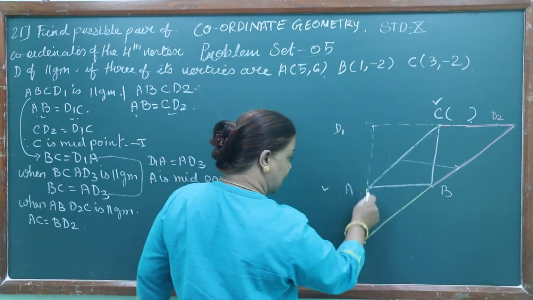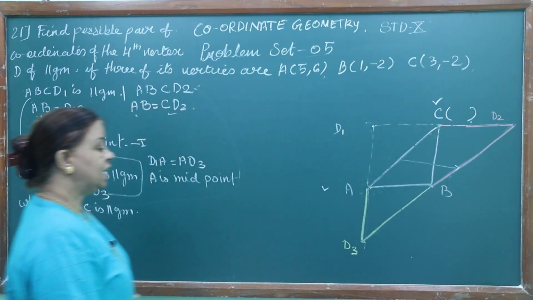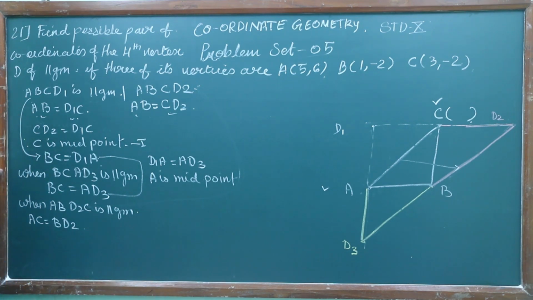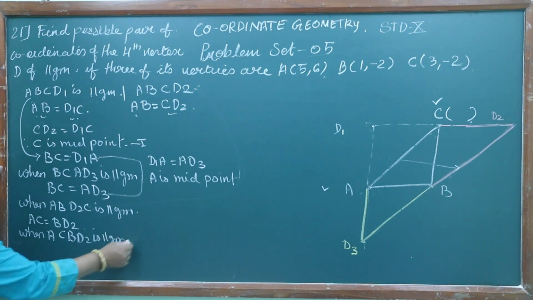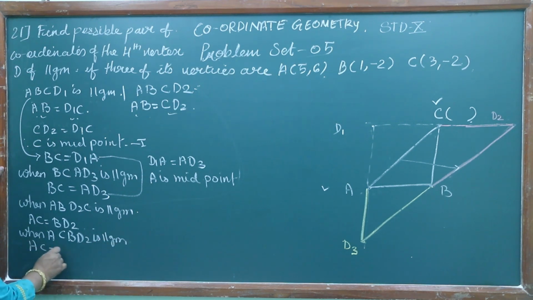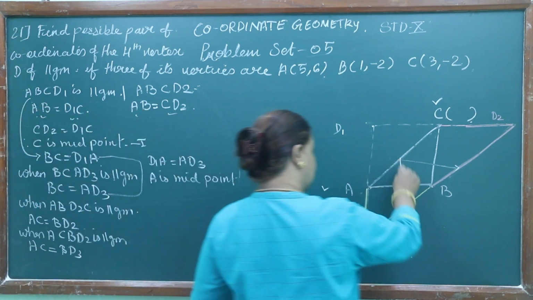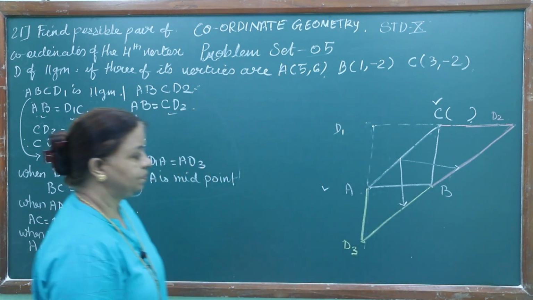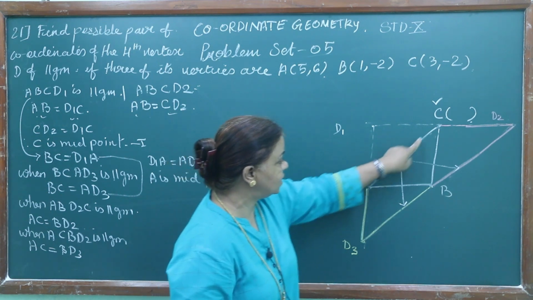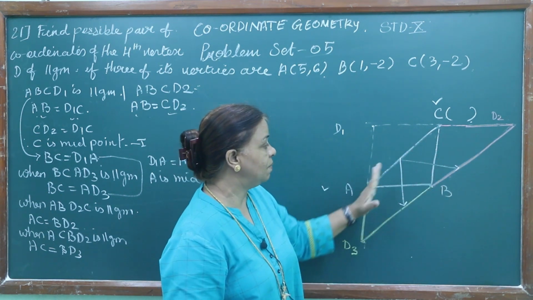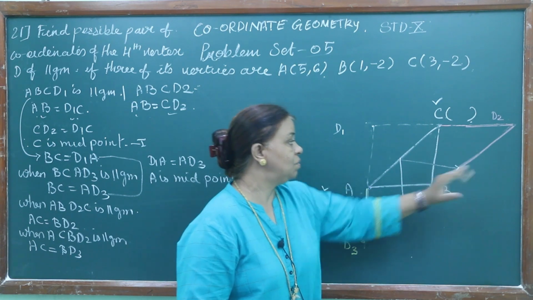So when ACBD3 is a parallelogram, that time AC will be equal to BD3. See, AC is equal to BD3. Got it? See, now when ACD2B is a parallelogram, AC is equal to BD2.